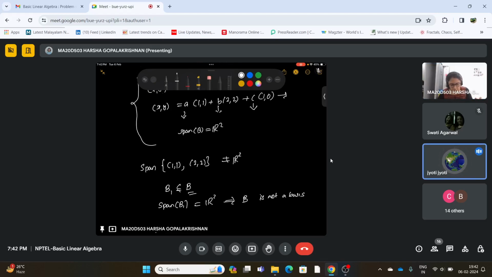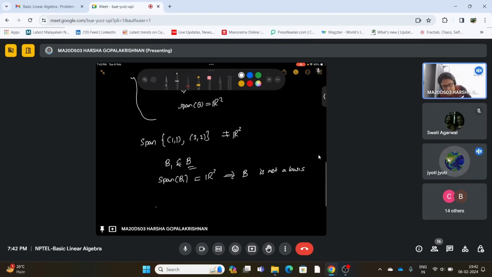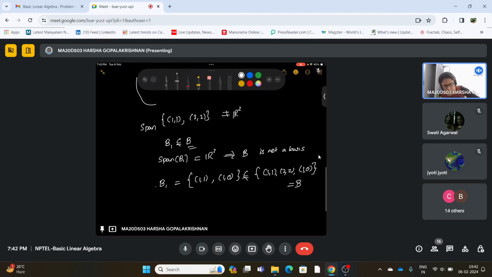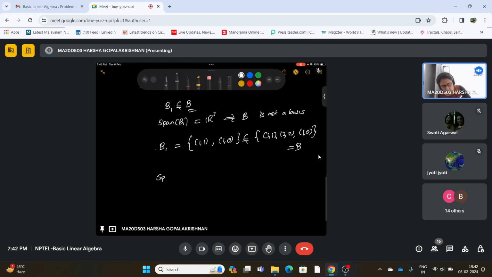So for the second condition we can take (1,1) and (1,0). That is the set B1. It is a proper subset of (1,1), (2,2), (1,0), which is our B. And we can prove that this B1 actually spans the whole of R2.